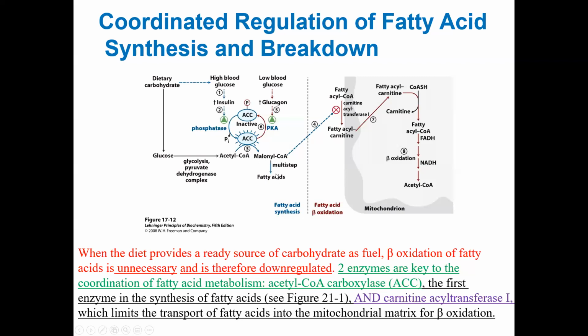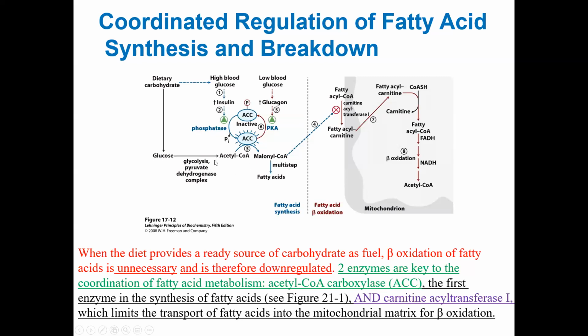Why would it begin in the cytosol? Because you want to store away fatty acid. You don't want to oxidize fatty acid. If the fatty acid reserves are depleted, when your meal is rich in carbohydrate, you will bring carbohydrate molecules in, such as glucose shown here. You will carry out glycolysis. You will take the pyruvate and run it through pyruvate dehydrogenase complex.